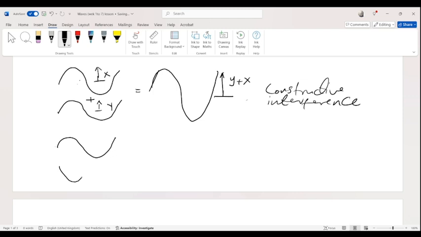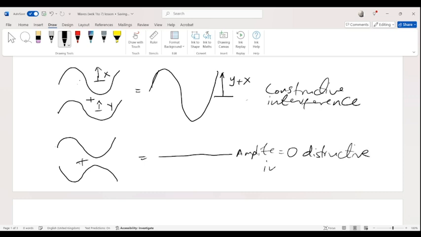Okay, if they are not in phase like that, they will destroy each other. Let's say if these waves are the same, whenever they add, they will destroy each other, and the amplitude will be zero. This is called destructive interference.